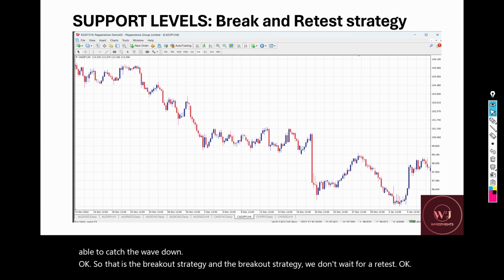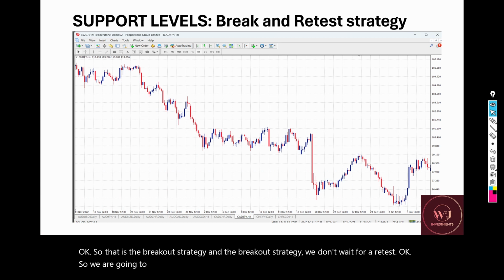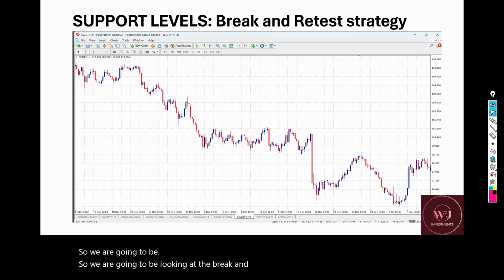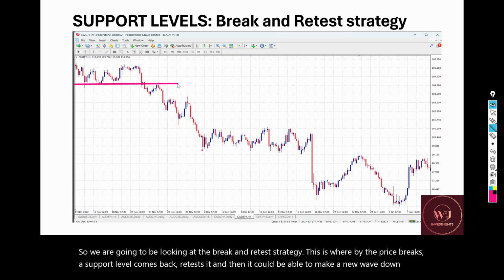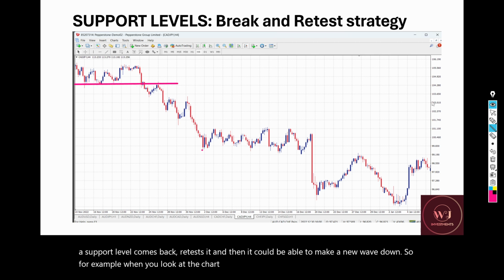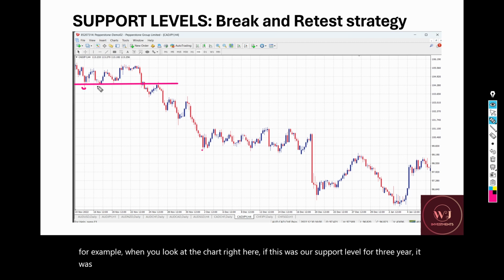So we are going to be looking at the break and retest strategy. This is whereby the price breaks a support level, comes back, retests it, and then it could make a new wave down. So for example, when you look at the chart right here, if this was our support level, here it was tested one time, second time, then third time.